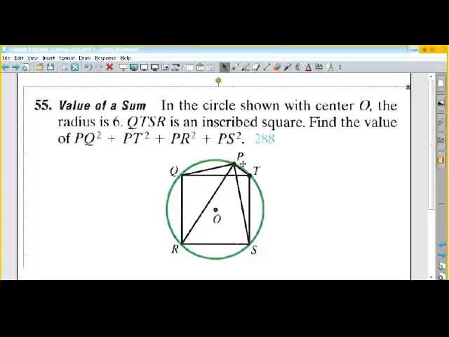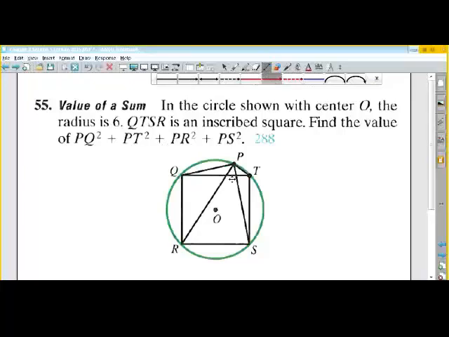So the question is, how do you figure that one out? Well, because we have stuff squared, it's probably something to do with the Pythagorean theorem. What we need to do is find parts of right triangles that are somehow related to each other. It says that the radius is 6.